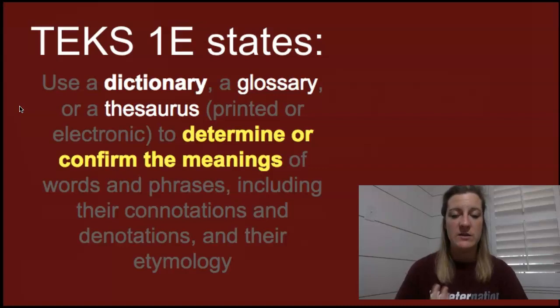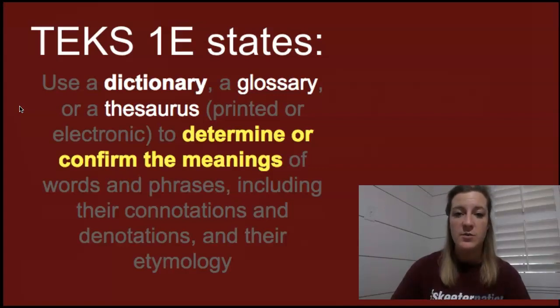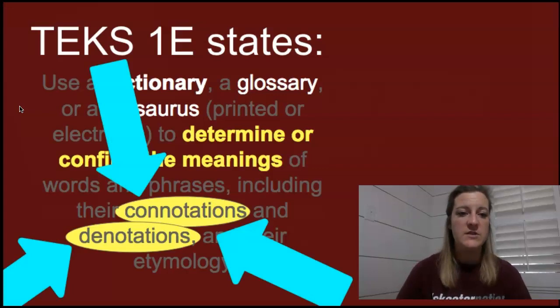These might be things you already know. It might be things that you're trying to figure out. Both ways are applicable to this standard. One thing I wanted to point out that you already know from this standard is the denotations and connotations aspect. You've already learned it, so you don't have to relearn this part. Remember, connotations is the feeling of a word in the text and how you're reading it or writing about it.